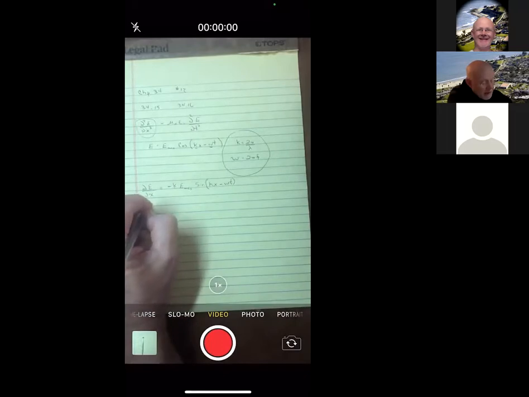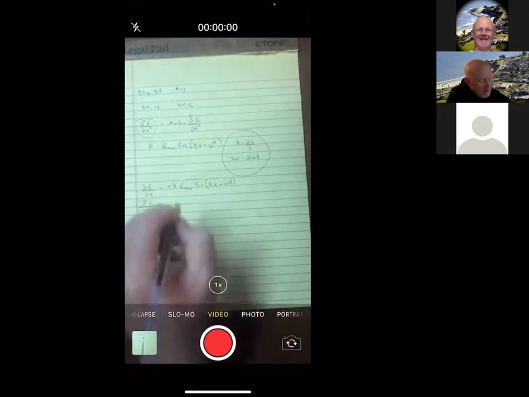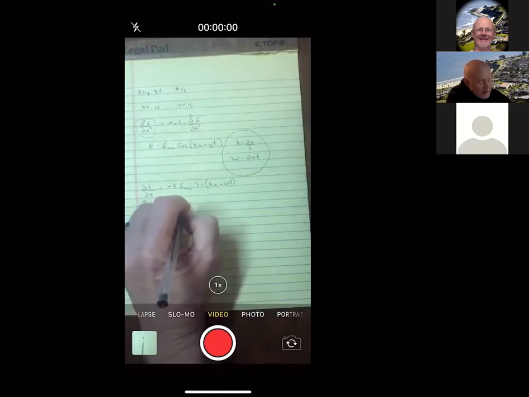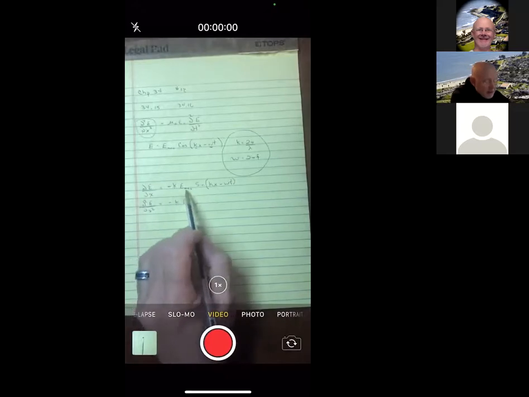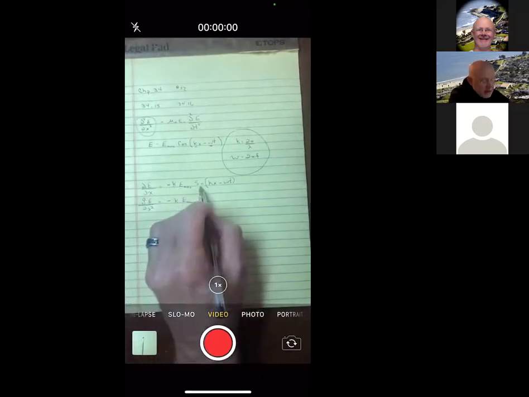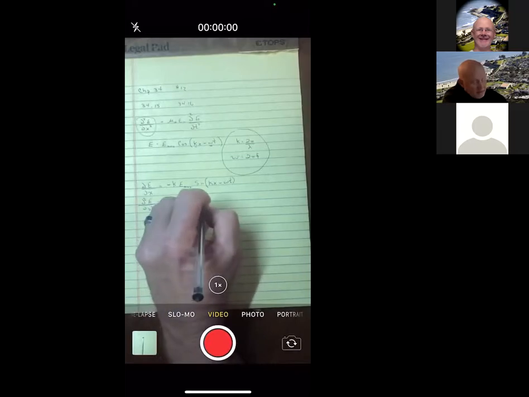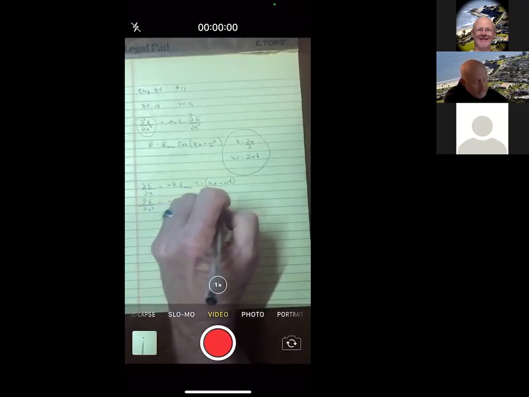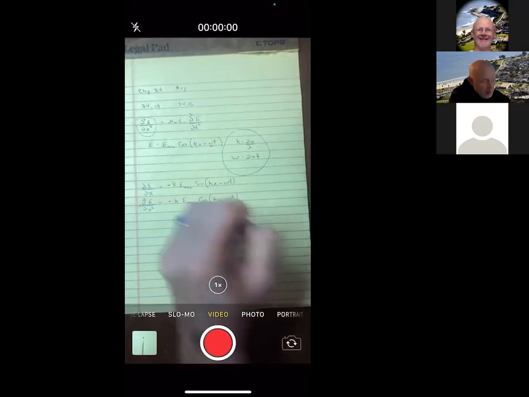All right, so now if we do that a second time, I'll do the minus, and I'll do the k, and I'll do the E maximum. Those are all constants. So now I'm going to take the derivative of a sine function. Well, the derivative of sine is a cosine, same argument.